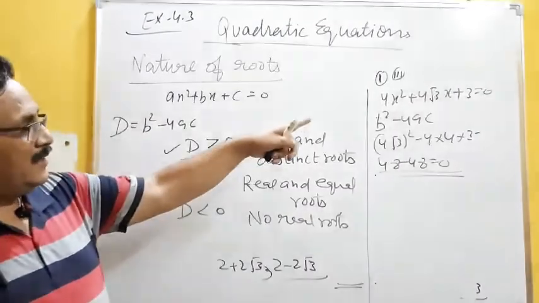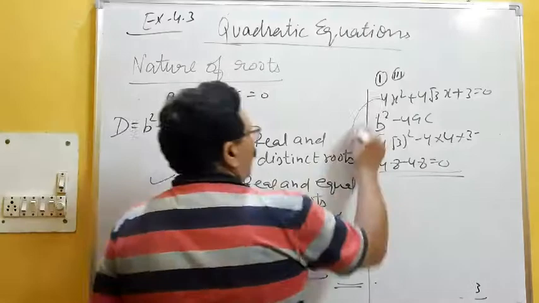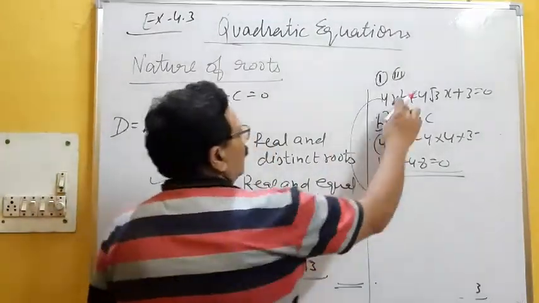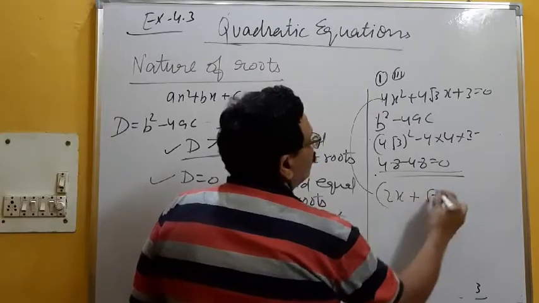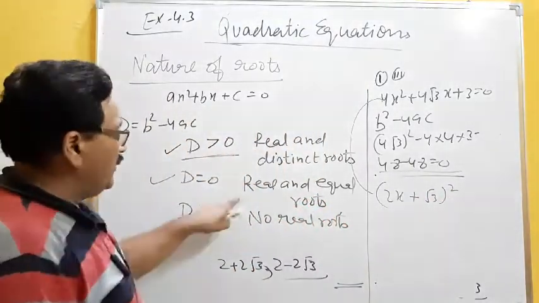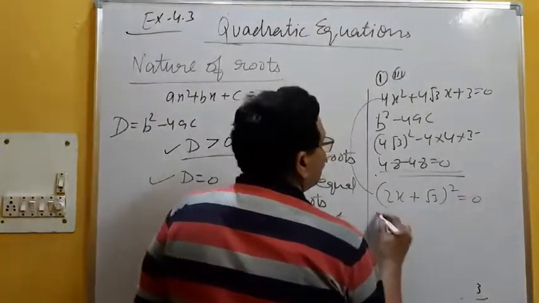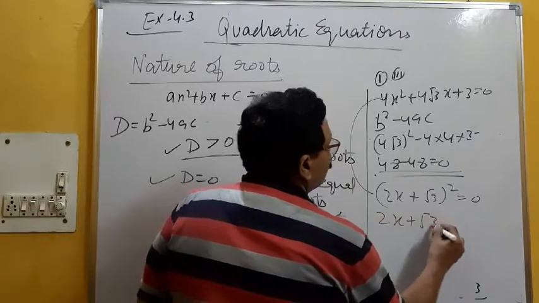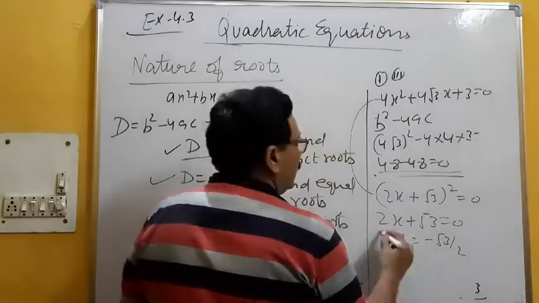Okay. So if I solve this equation directly by splitting the middle term or by quadratic formula, any method, you will get 2x plus root 3 whole square. Okay. So real and equal roots. It means you will get the value of x: 2x plus root 3 equal to 0, x is equal to minus root 3 upon 2, and these are the two roots.